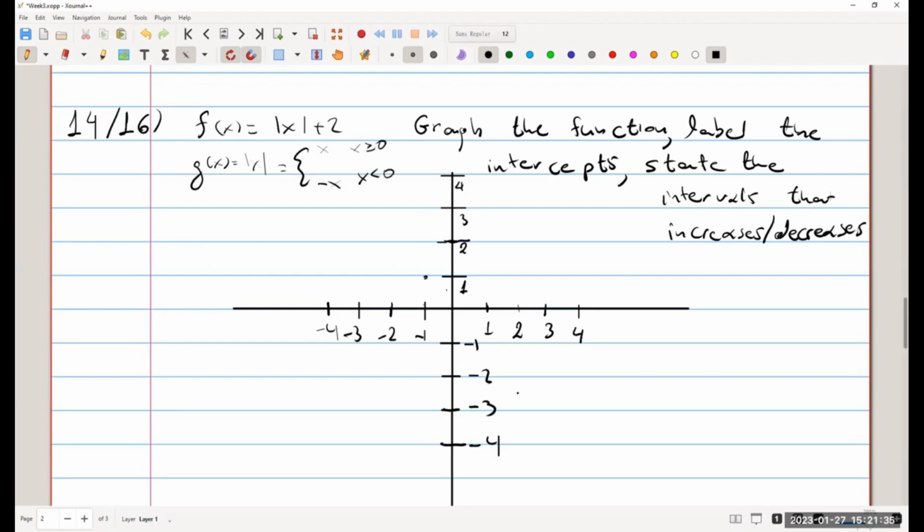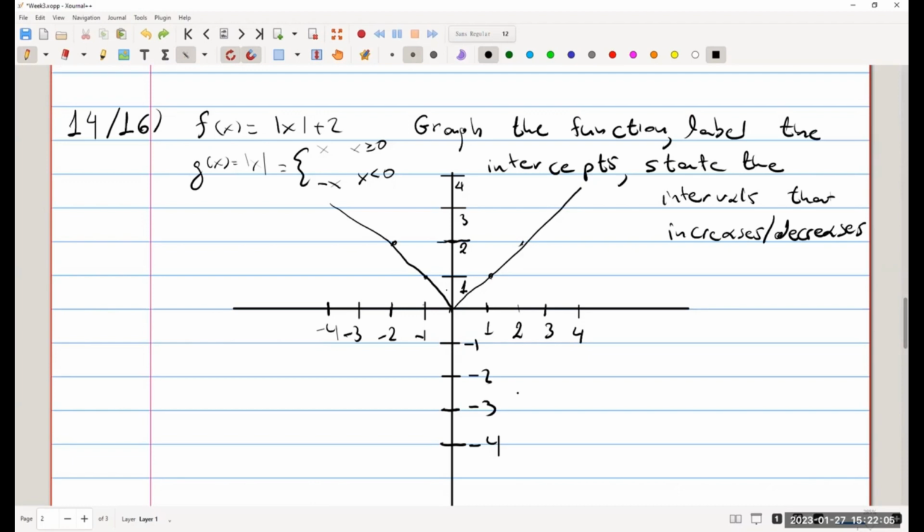So its graph looks as follows. Now, when you have that, the idea is to get to the function that you are asked to graph.